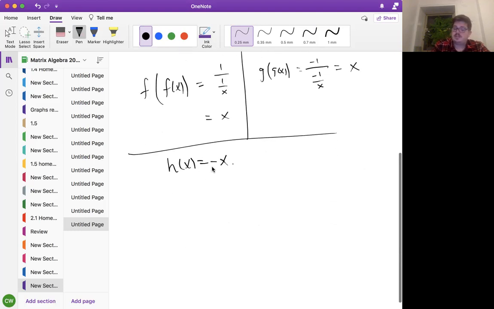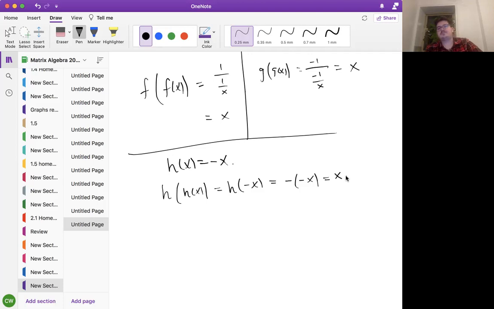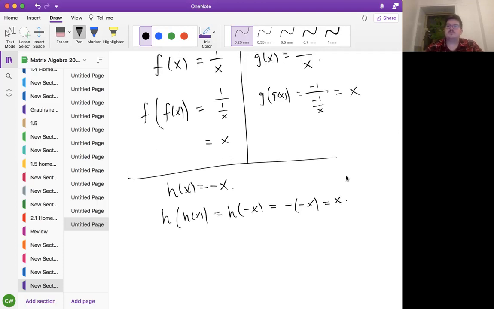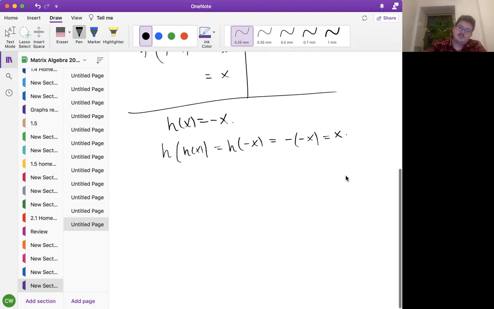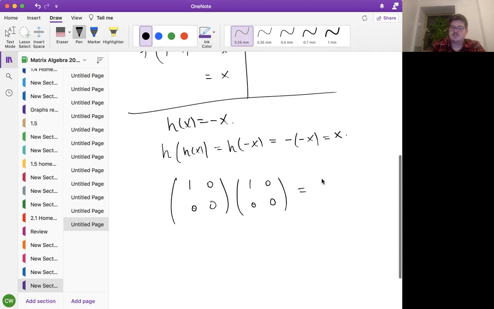The negate function is an involution: h of h of x is equal to h of negative x, which is negative negative x, which is equal to x. Okay. And we have other ones like the matrix 0, 1, 1, 0 times 0, 1, 1, 0. The first one I tried, 1, 0, 0, 0, is idempotent.